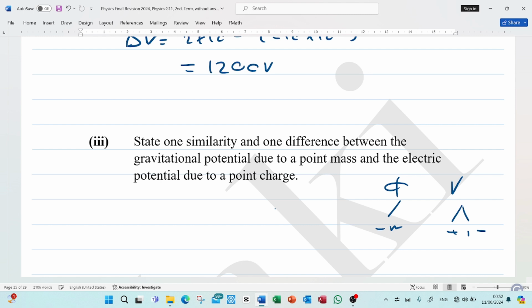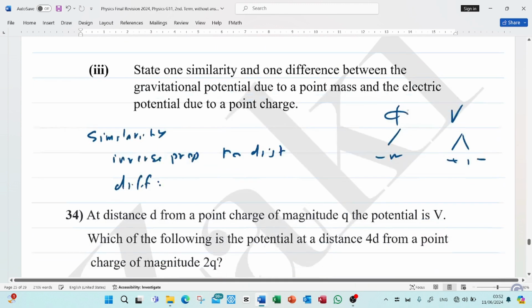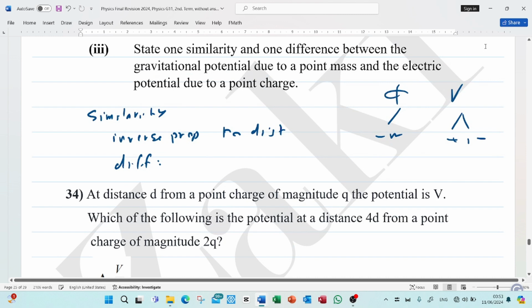The similarity is that both are inversely proportional to the distance, inversely proportional to R. The difference, as I said, is that gravitational potential is always negative, but the voltage may be positive or negative, depending on the charge.